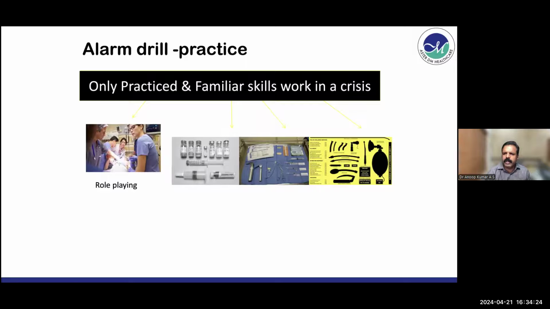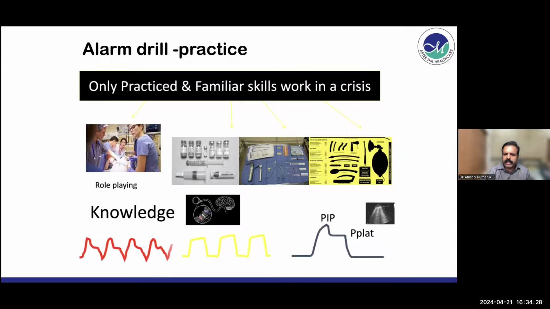That is very, very important in developing a good system. Once you do that, whenever you come to a real situation, they can immediately pick it up. Another important thing is that you should have hemodynamic monitoring.